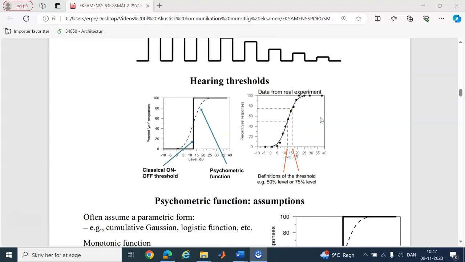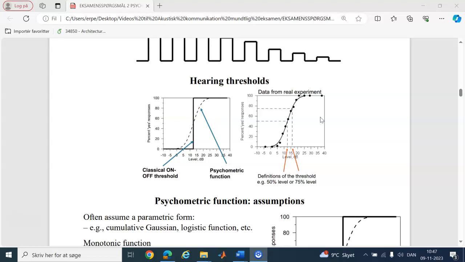Then we have a hearing threshold. We have a psychometric function. Normally we have the level, the classical on-off threshold. We have some yes responses in percent. At low levels, small response, and at higher levels it goes to 100%.